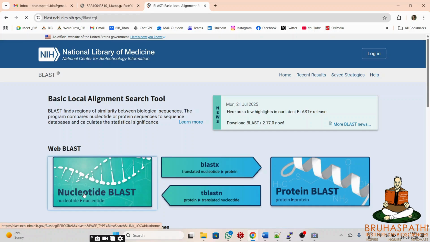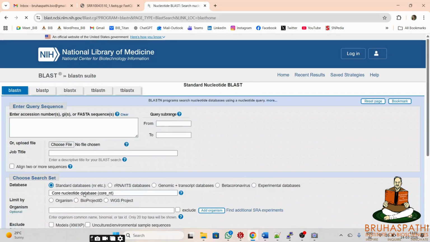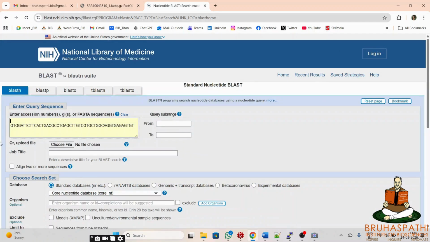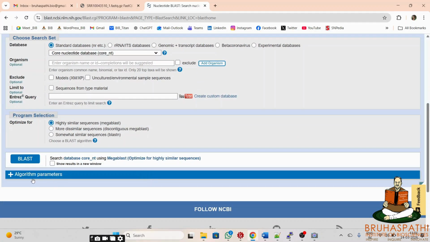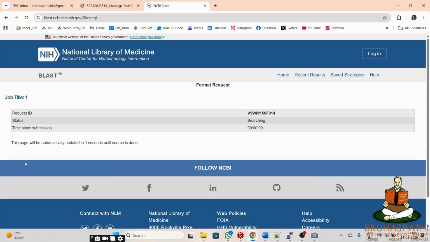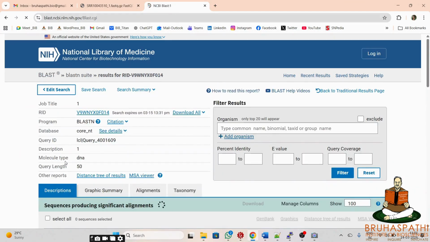Go to nucleotide BLAST and blast this particular sequence. Of course, you have to enter it in FASTA format, just a header and the sequence, and just blast it. We'll see what that overrepresented sequence is. It might take some time, we'll just wait.